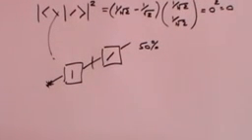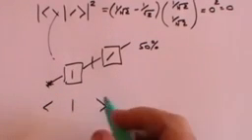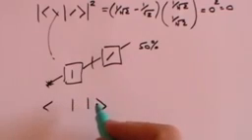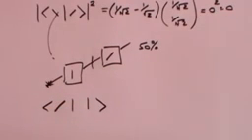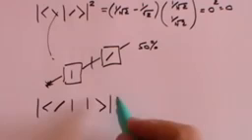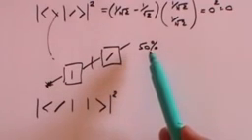Now we ought to be able to do it with our inner product. So what's our inner product? Remember, you prepare it on the right and you test to see if it'll go through on the left. That of course is what's called the probability amplitude, and to find the actual probability you have to square it. And that should come to a half, which of course is the equivalent of 50%.